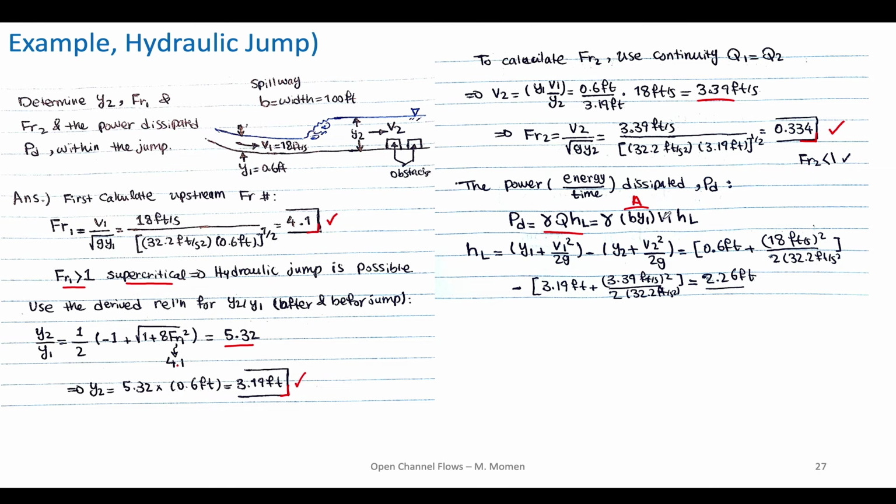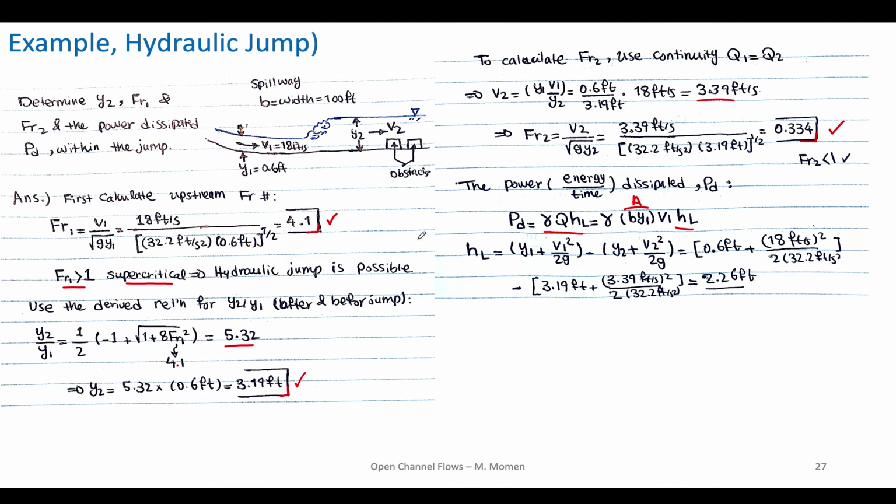Multiply it by V1 to get the flow rate, and multiply by gamma, the specific weight of water, and HL to get the power. Okay, so the only unknown here is HL, so we have to find HL, and everything else we have calculated or have from the problem.